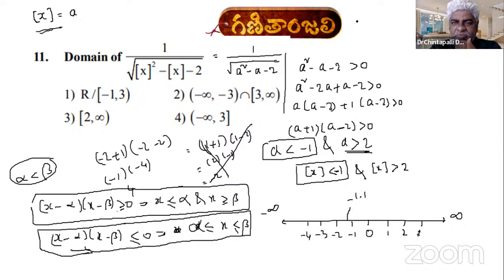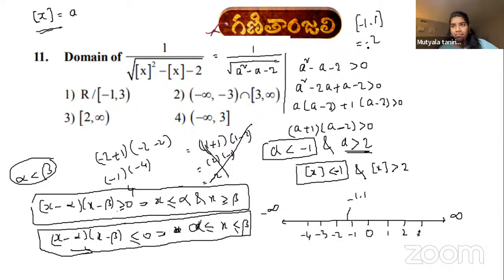What's the value of step of -1.1? -2, sir. Yes, very good. You are right. It is -2, right? -2 is less than -1 or not? Yes, sir. So we can take -1.1, right?